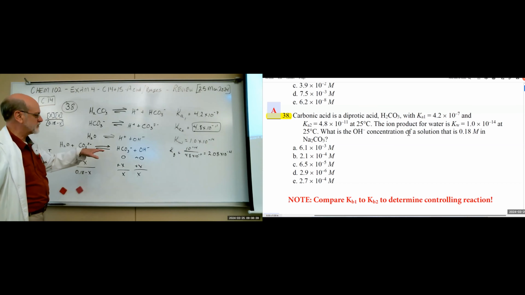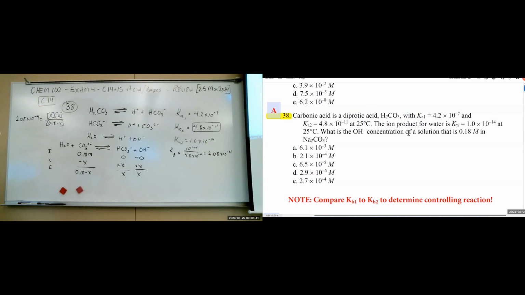Right, with 10 to the minus 4, is it going to produce enough X that significantly approaches the value of 0.18? And since the value is 10 to the minus 4, it's probably not going to make a lot of X. We're not going to lose a lot of X from this side. So we should be justified in saying X squared over 0.18.